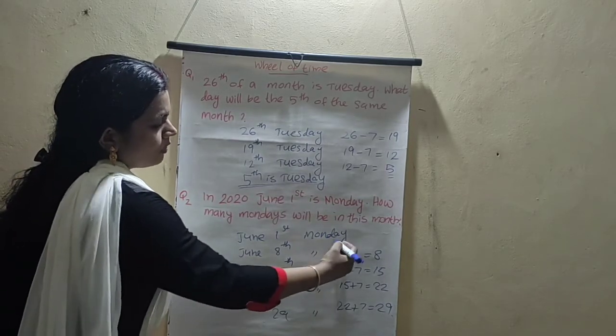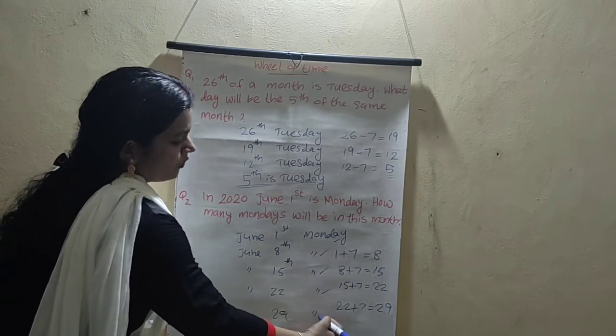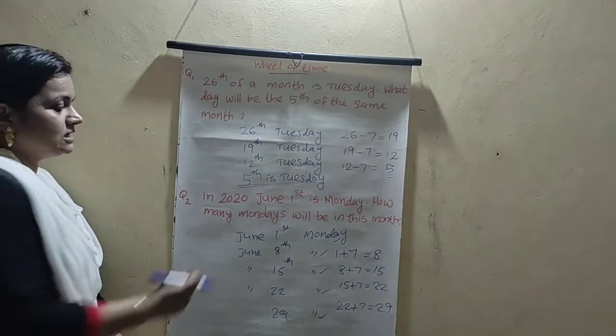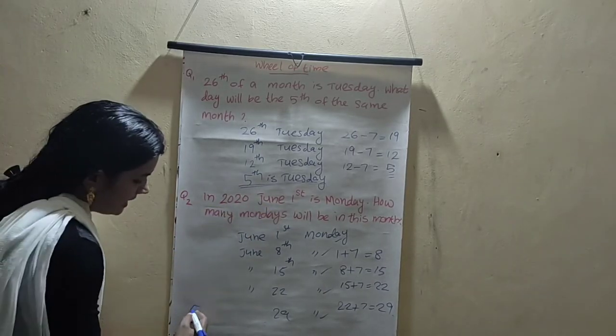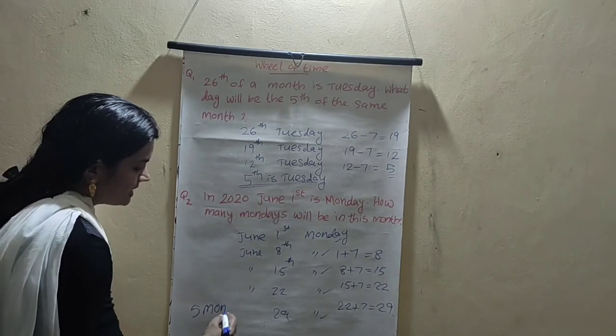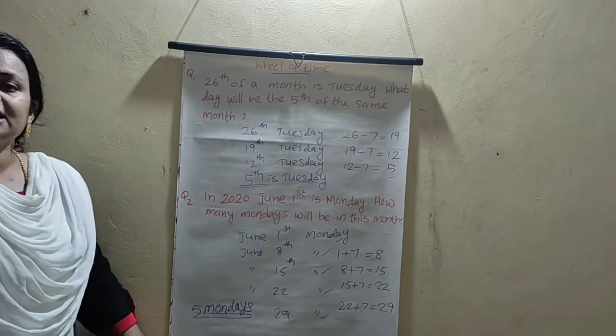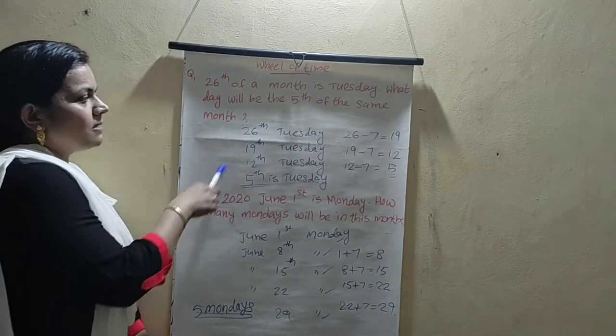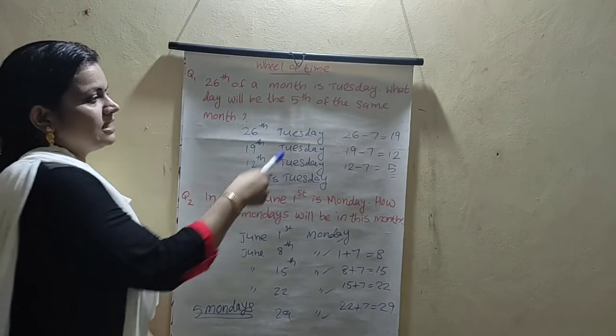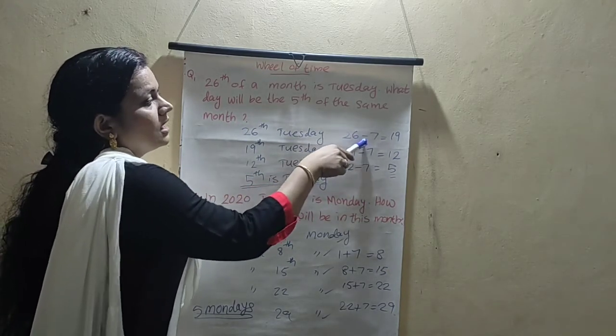Then how many Mondays are there in this month, June? 1, 2, 3, 4, 5. Total how many Mondays in June? 5 Mondays. Understand how to find out. In the previous problem the last date is given, so we subtract 7 from 26.